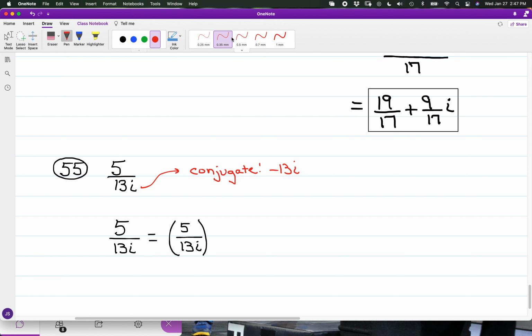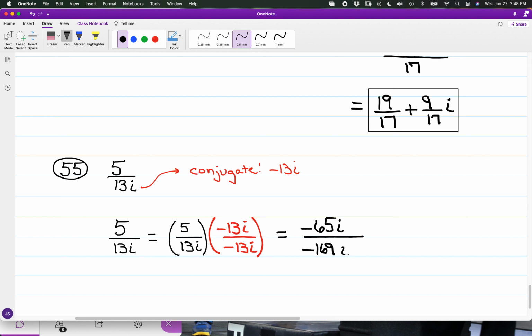Okay, so again we have the original ratio times negative 13i over itself. And 5 times negative 13i will be negative 65i. 13 times negative 13 will be negative 169.